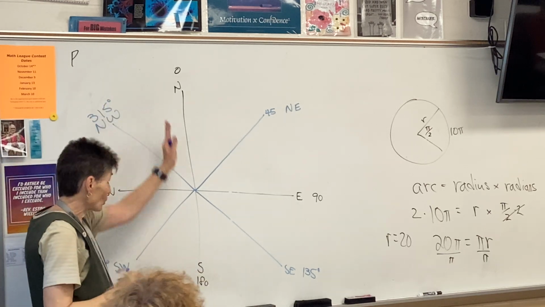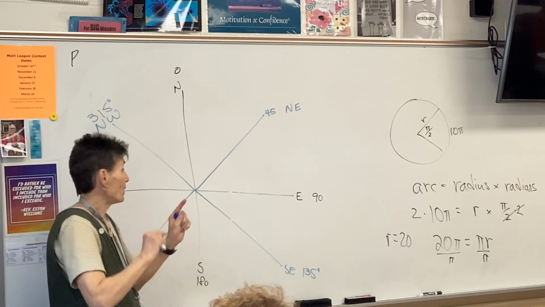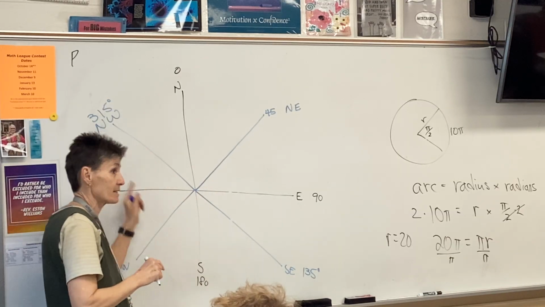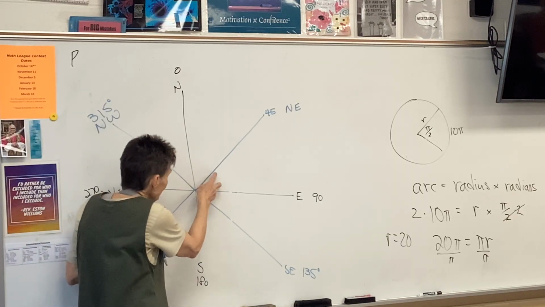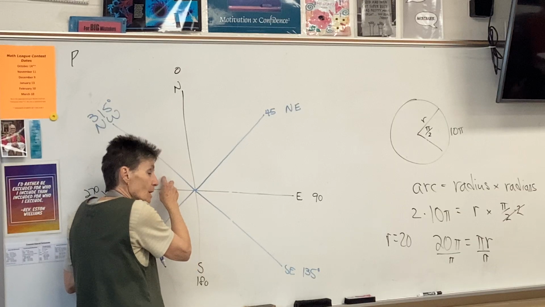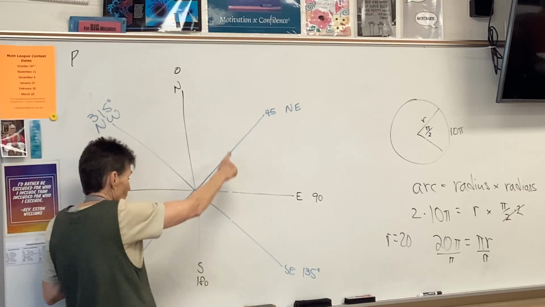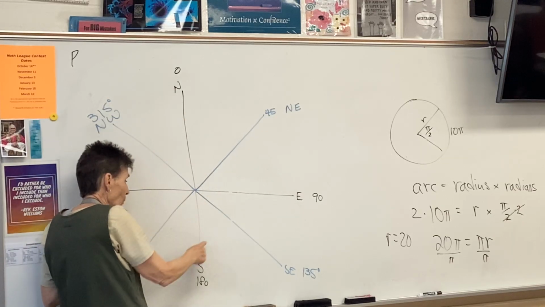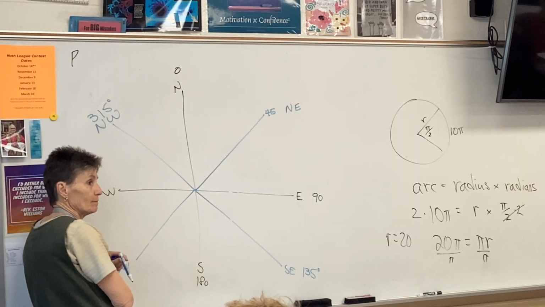When the quadrants are 90s, when you drew in these blue lines, I split the quadrants exactly in half. So each of these angles here is 45. To figure out these numbers, like this one right here, I went all the way to 180 south, and then added a 45 to it.